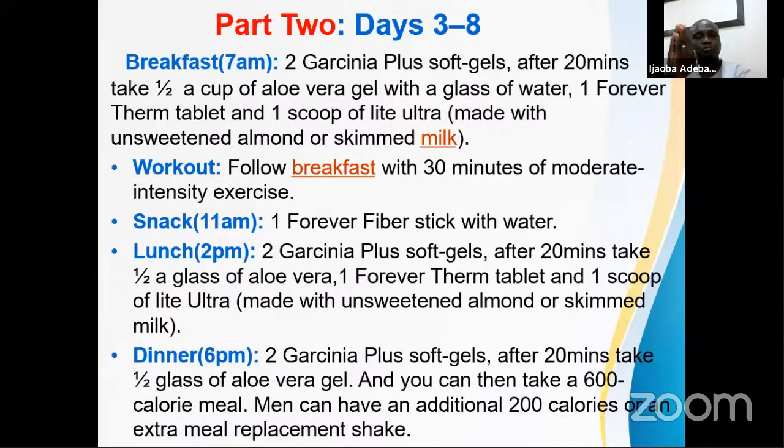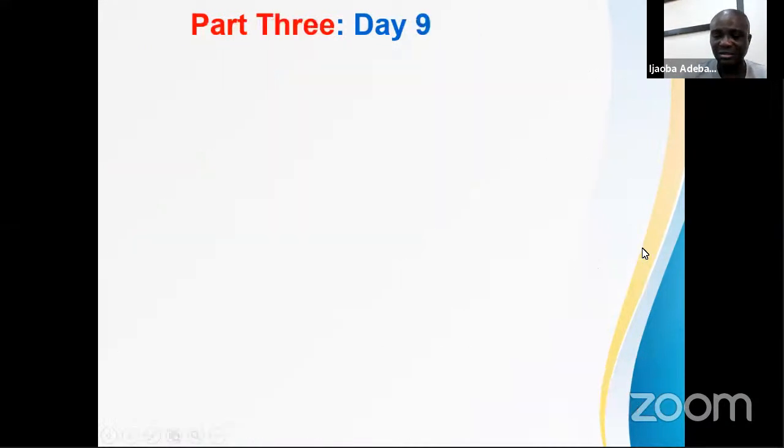During part 2 of your C9, yes, food can come in. What food are we looking at? It shouldn't be more than 600 calories. For men, because of our nature, our activity, you can take an extra 200 calories of meal, which could be your Light Ultra.